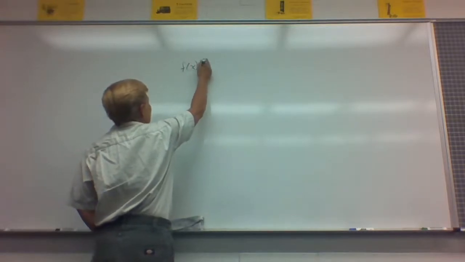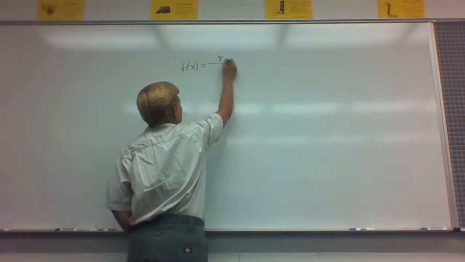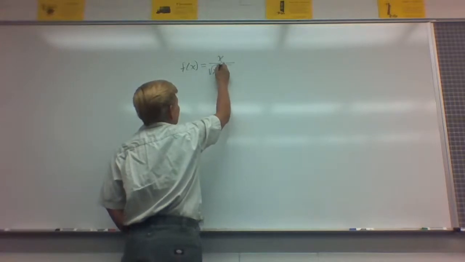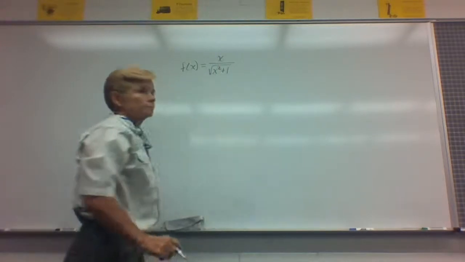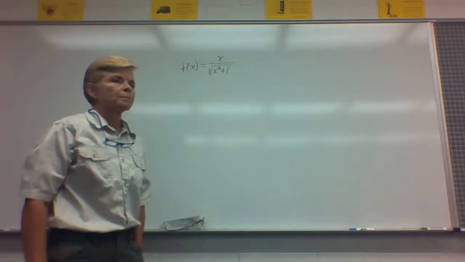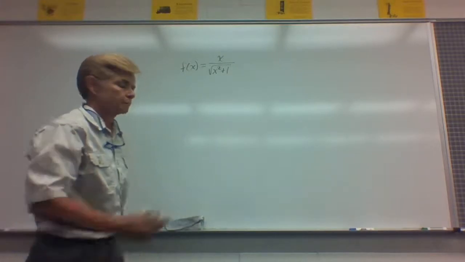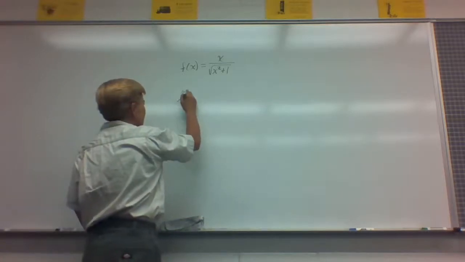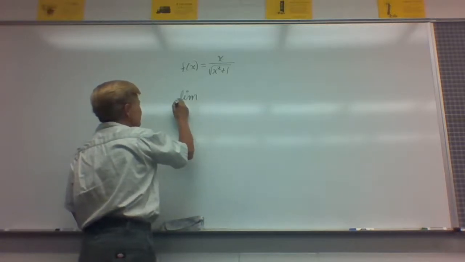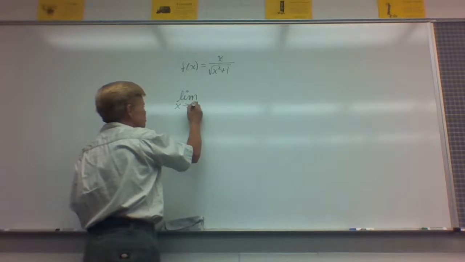Without graphing it, does anybody have any idea what that looks like? You may not know exactly what it looks like, but can you consider the limit, for example, as x approaches infinity?